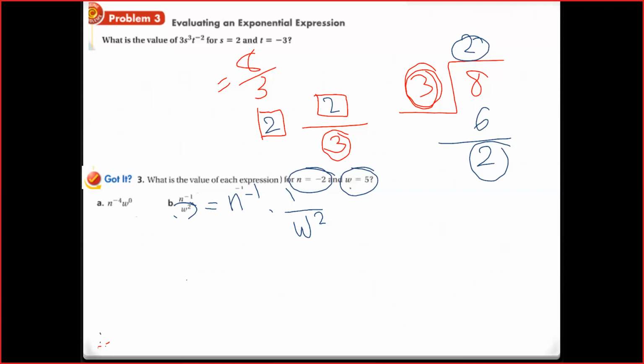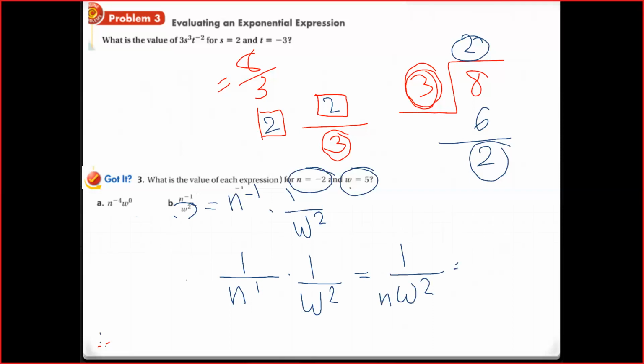Now, n to the power -1, I will write as 1 over n, because the reciprocal of n is 1 over n, and the opposite of -1 is 1, multiplied by 1 over w squared. So 1 multiplied by 1 is 1 over n w squared.